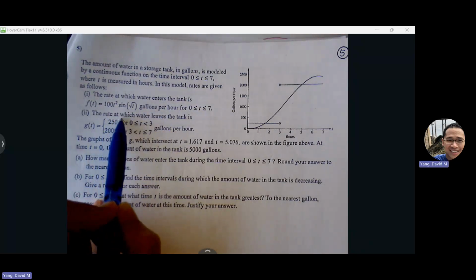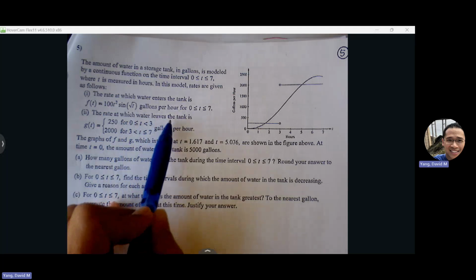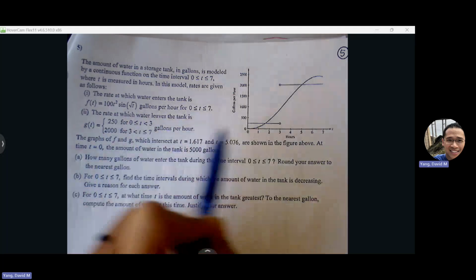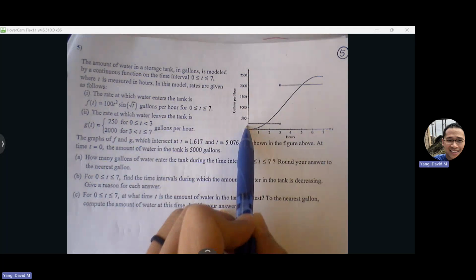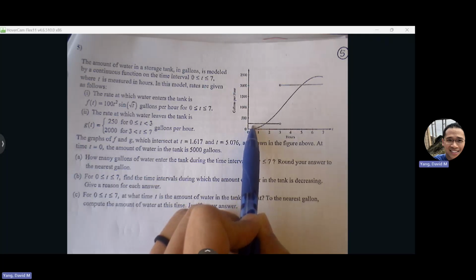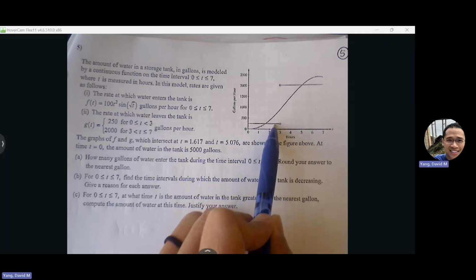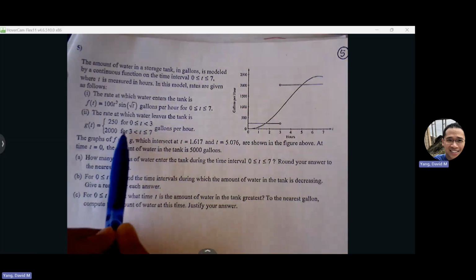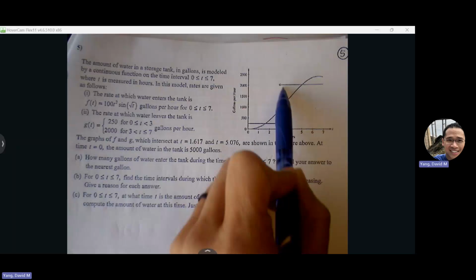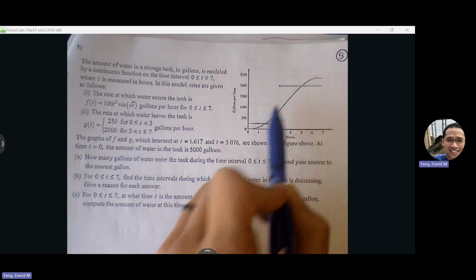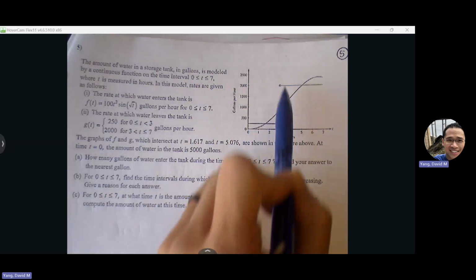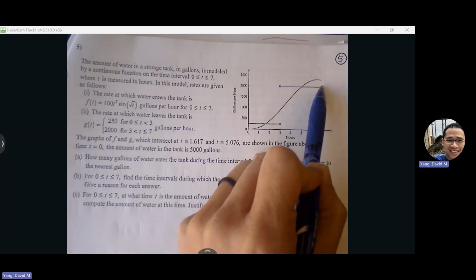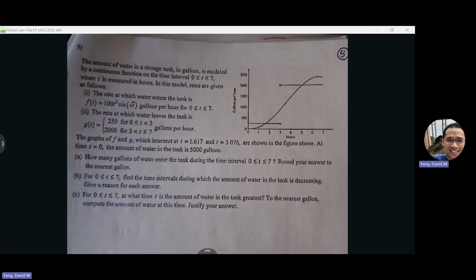And then at the same time, water is being let out of the tank at different rates. Between 0 and 3 hours, water is being let out at a constant rate of 250 gallons per hour over a 3-hour period. But then from 3 to 7 hours, it ramps up all the way to 2,000 gallons per hour. So we have this amount of water being let out, and then this amount being let out for the remainder of the 7 hours.